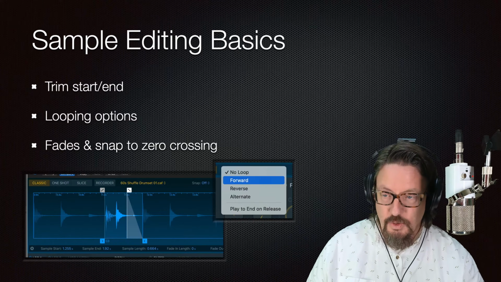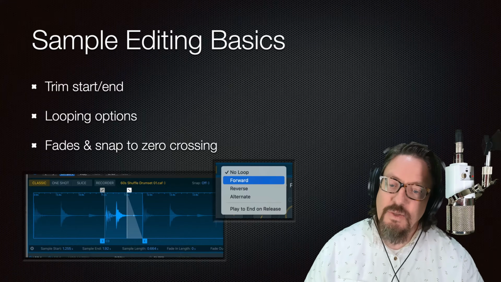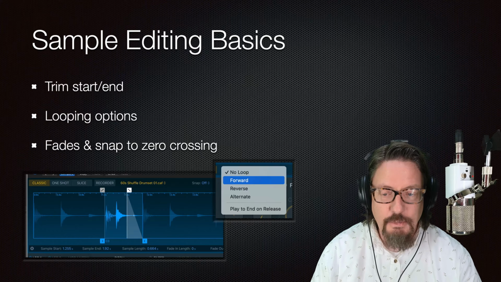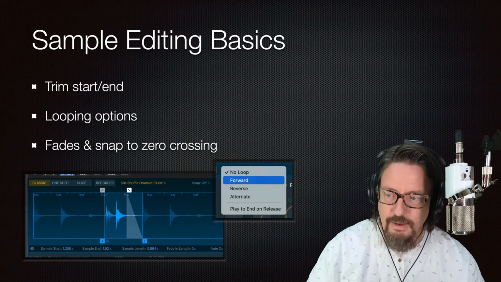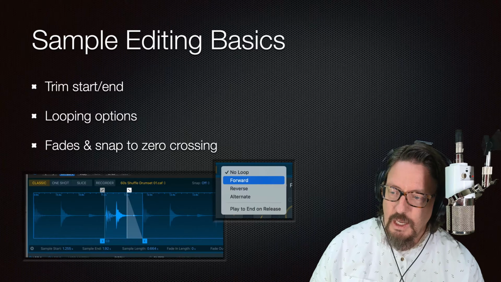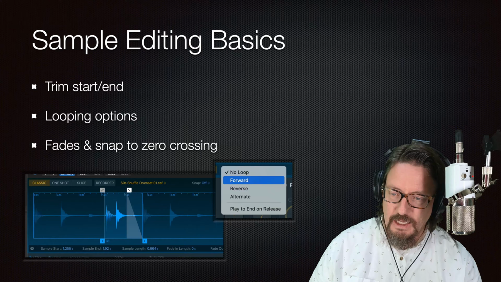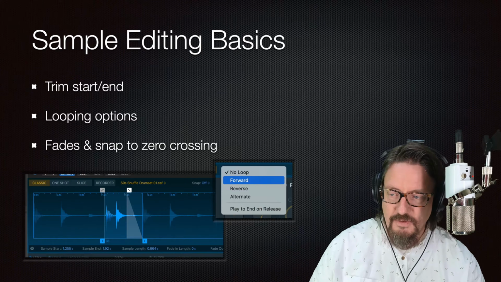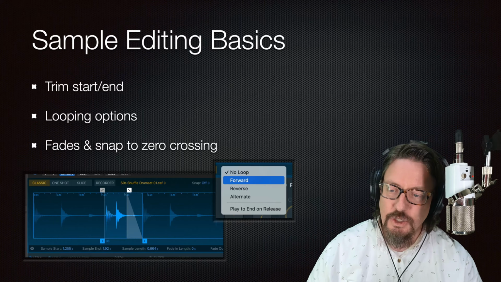We can also set our loop point. And this is one of the areas that I think is the most tricky in terms of the interface. If you look at the image on the screen, at the bottom of that, where it says sample start and sample end and sample length, at the very left side, there's a little X. This is one of the few places that has two layers of information.